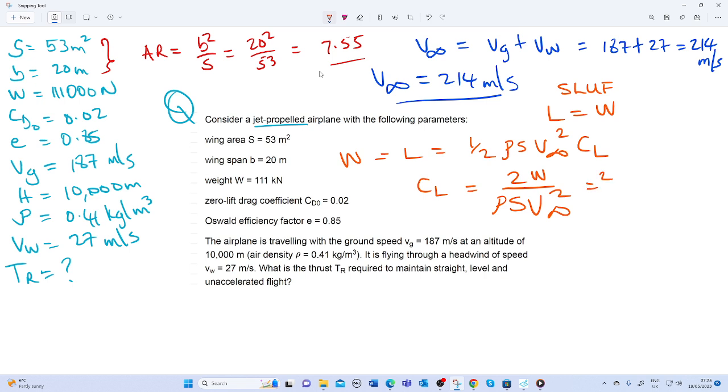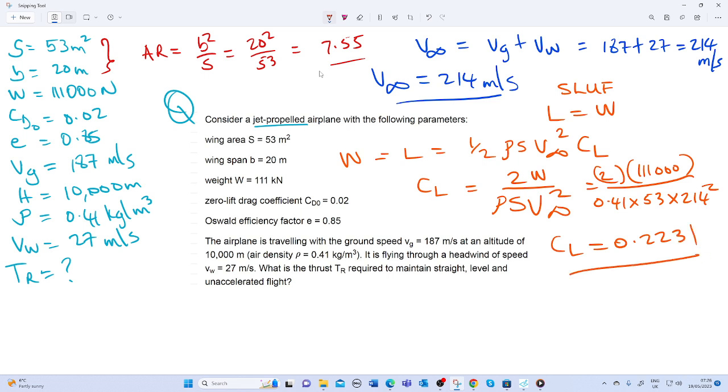So it becomes 2 times the weight, 111,000, over the density 0.41 multiplied by the S 53 multiplied by our V 214 squared. Our coefficient of lift becomes 0.2201.